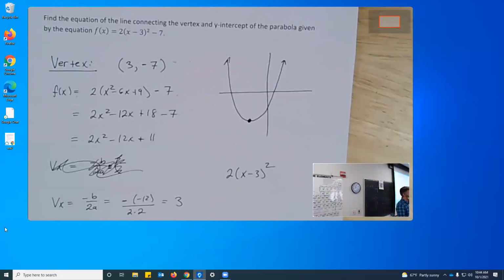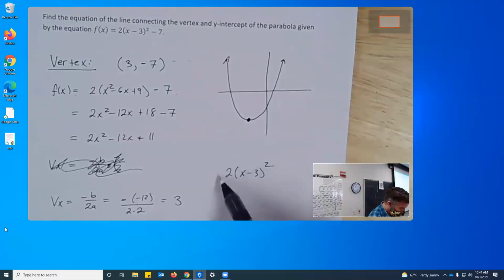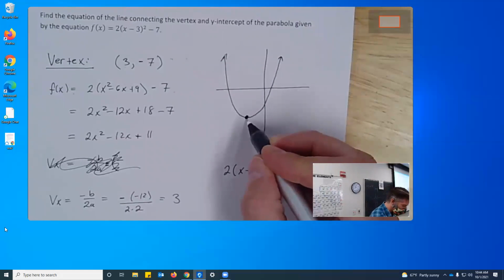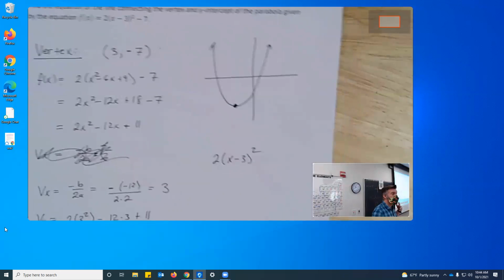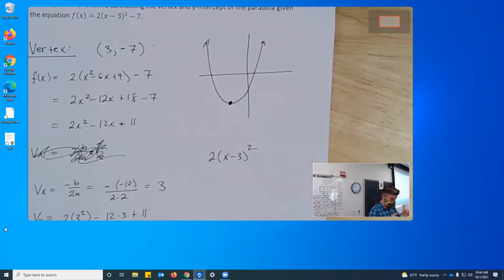So I want to find that point there. If I'm trying to find the lowest point on the parabola, I'm trying to make my y value as small as possible. Isn't the vertex like a positive 3? Yeah, exactly. It's perfect.